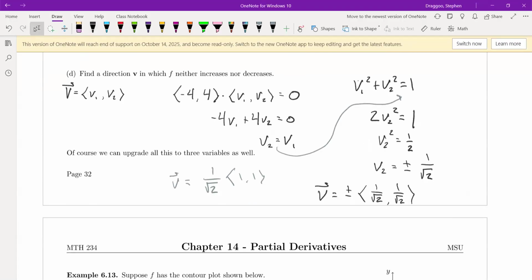So I found 2 directions where our directional derivative was equal to 0. The magnitude of the gradient is not relevant there. Because again, the thing that we talked about earlier is that these vectors right here should be perpendicular to our gradient.